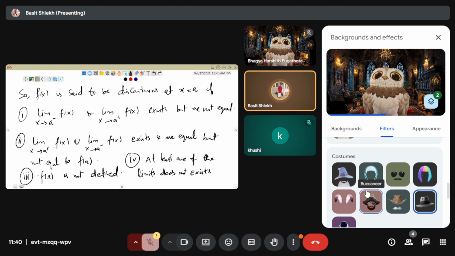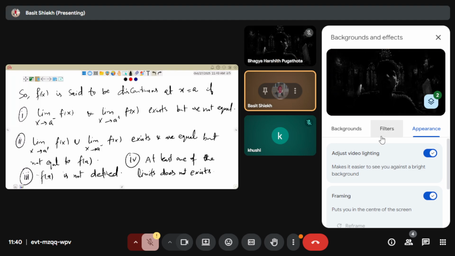Second, if right hand limit and left hand limit both exist and are equal but not equal to f of a, the value of the function at that point a, we again have discontinuity.